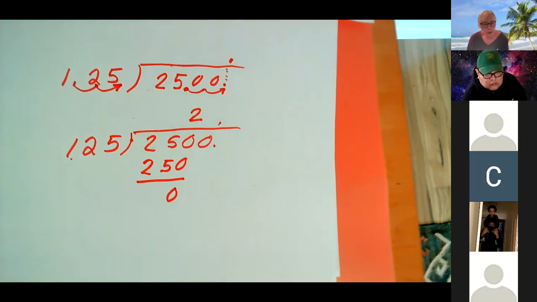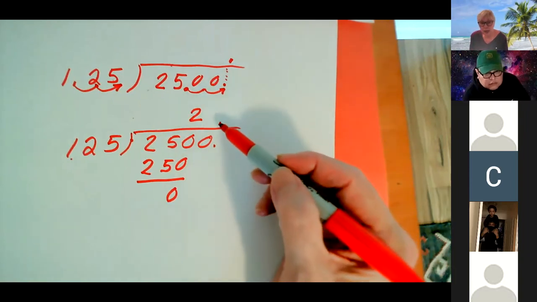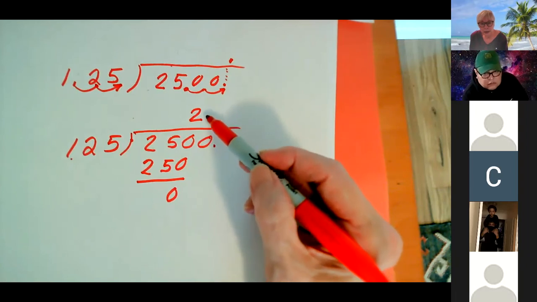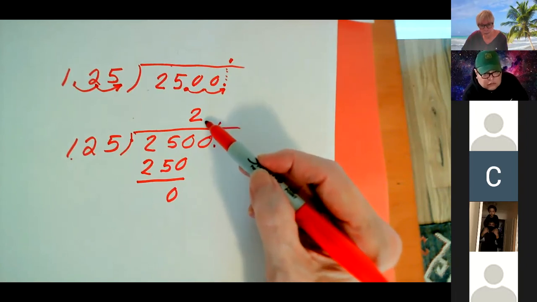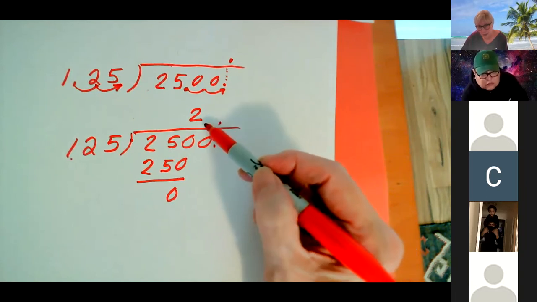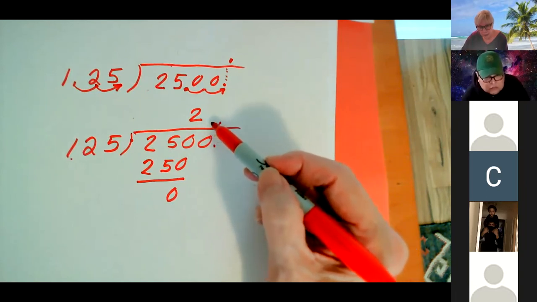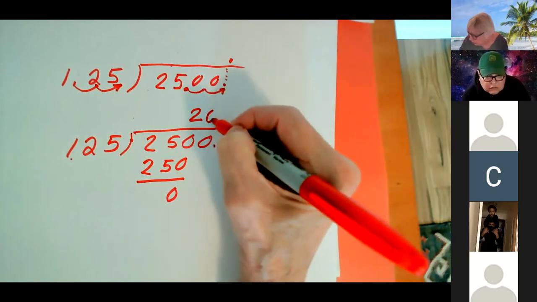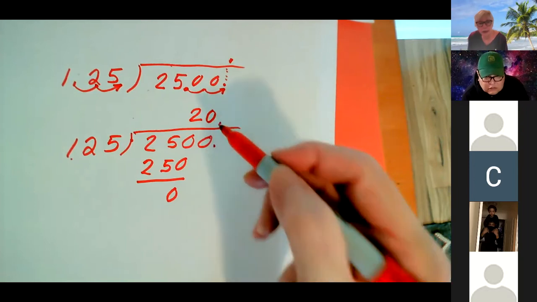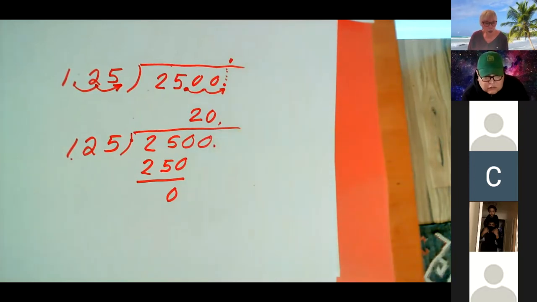Well, when I get a zero remainder, I'm done basically, except for the fact that the decimal is here. And then I need a number here. And that's why I brought that decimal up, to see that, wait a minute, something's missing. 125 into 0 is 0. And so the answer is actually 20.